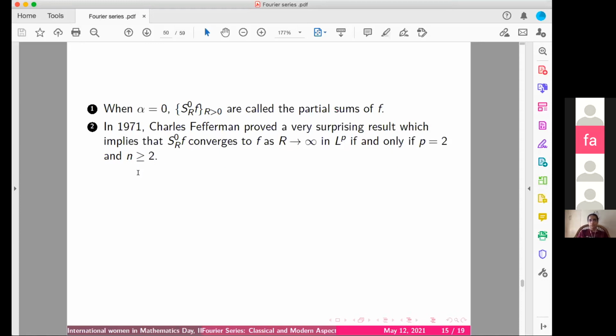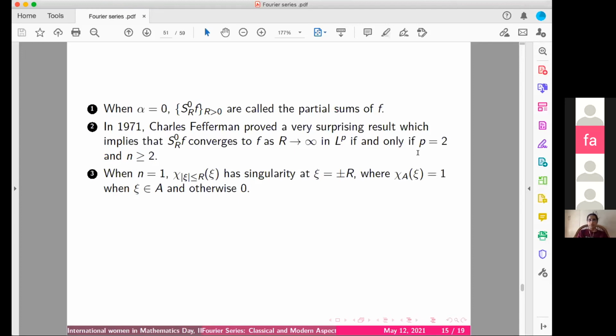And of course, n is bigger than or equal to 2, because for n equal to 1, as I told you, it is very similar to Fourier series, because it's just one dimension. But in higher dimensions, you cannot have this convergence in L^p unless p is equal to 2. And that was something which was very surprising for the mathematicians.